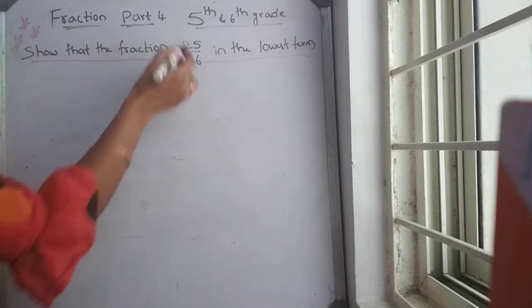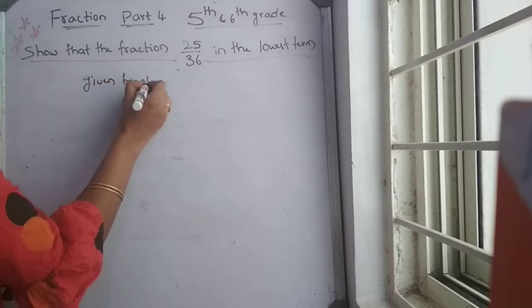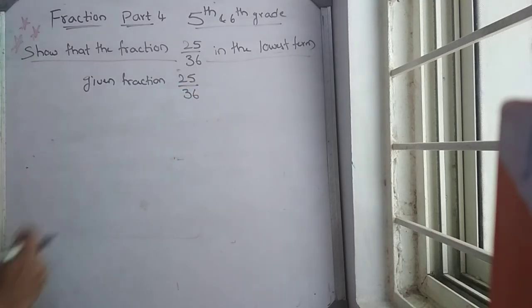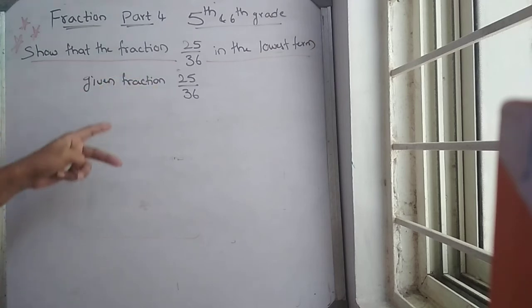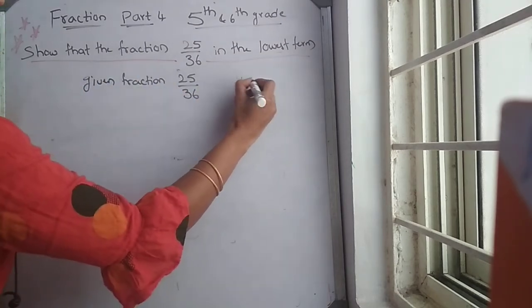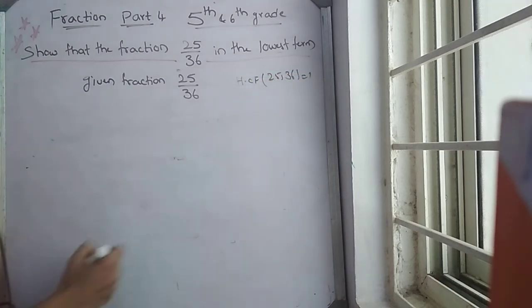So, what is the given fraction? The given fraction is 25 by 36. For this fraction to be in lowest term, first we have to show that the HCF of 25 and 36 is equal to 1.